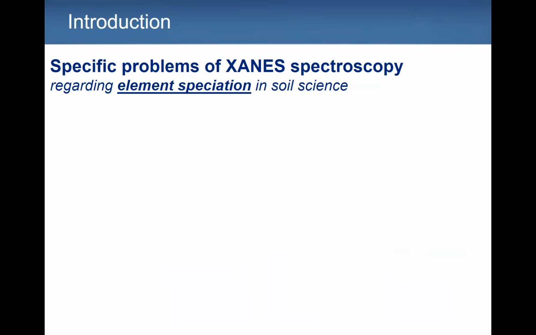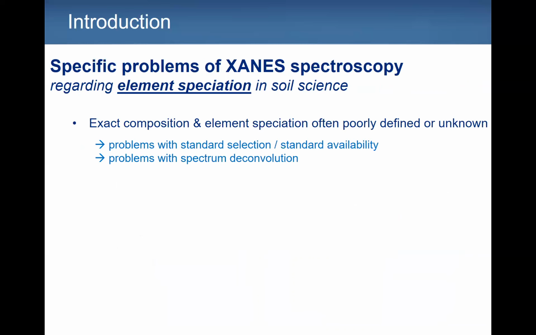Of course, as any other analysis, also XANES has some problems which have to be addressed when you're doing experiments in soil science. First, in soils, this is a particular problem of soils. The exact composition and element speciation of your sample, in contrast to material science, often is very poorly defined or even completely unknown.